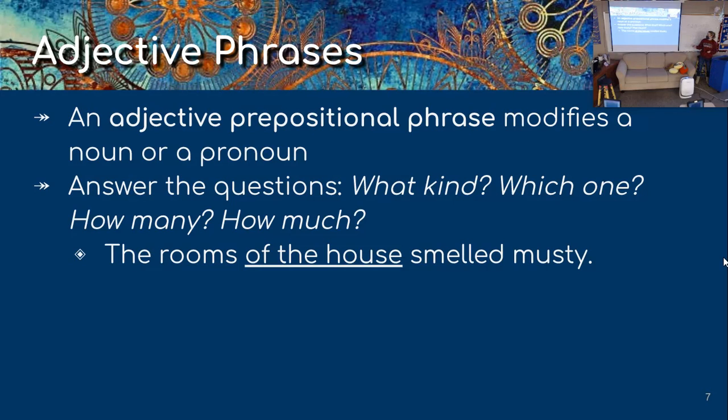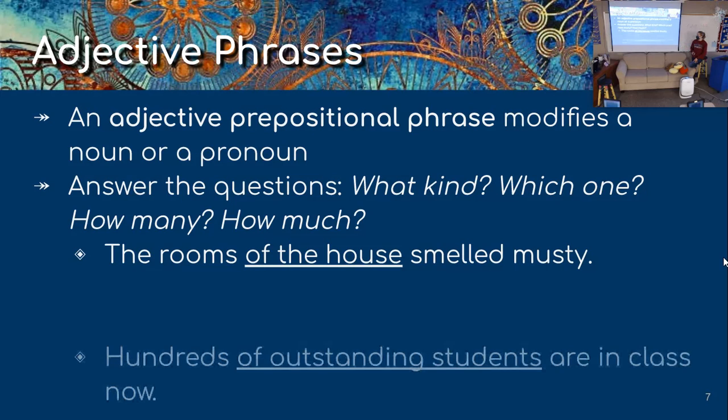What do we think this prepositional phrase is giving us more information about? Okay, the rooms, because it's answering the question, what kind of rooms, right? Well, it's the rooms of the house. So of the house is modifying or giving us more information about rooms. Nice job on that one.